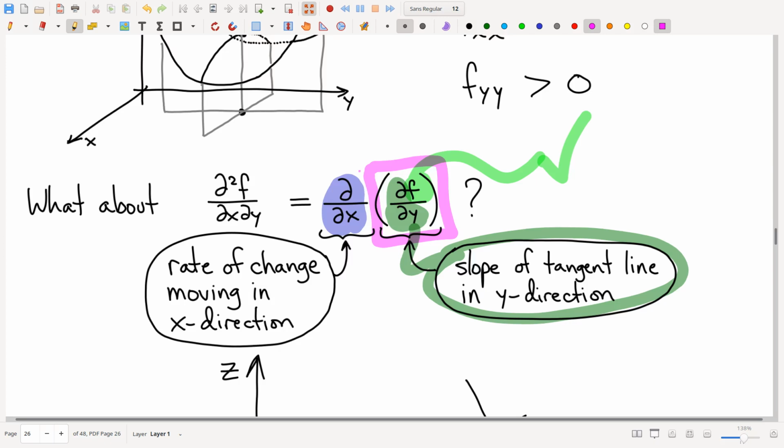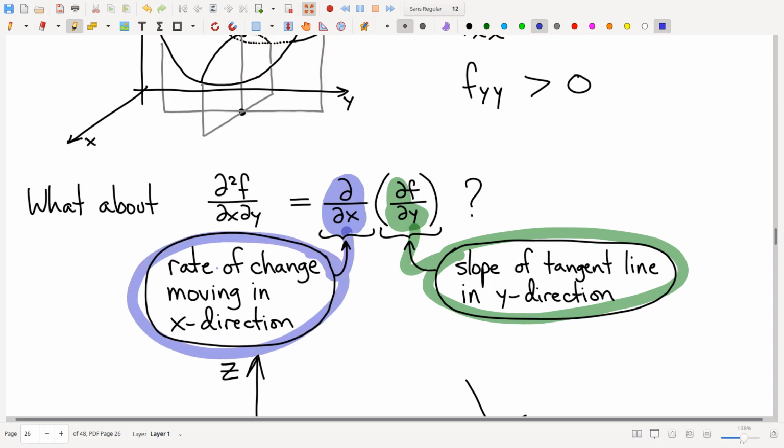Okay. So, how am I going to make sense of the x partial if I can't look at a graph? I'm going to use this other interpretation that says, x partial means how fast is this thing changing as I move in the x direction.